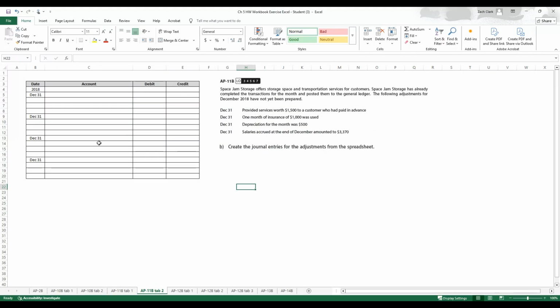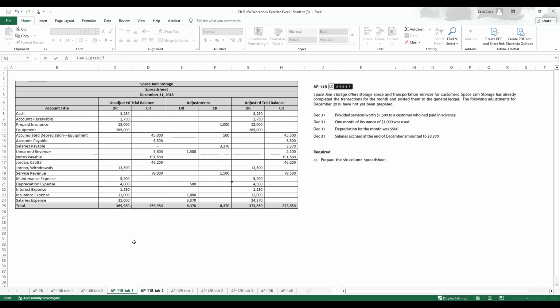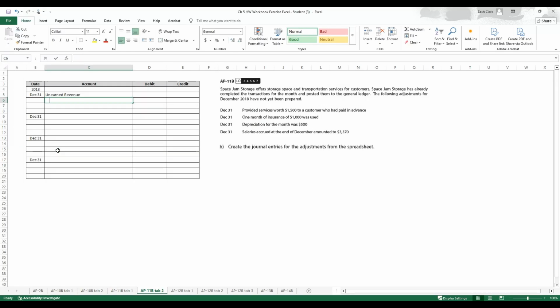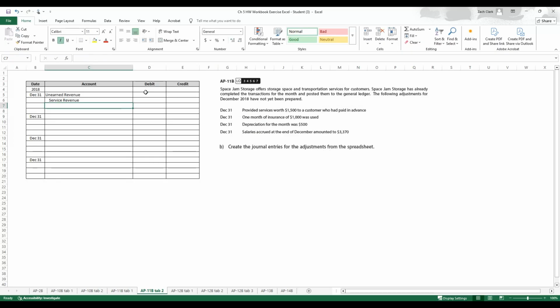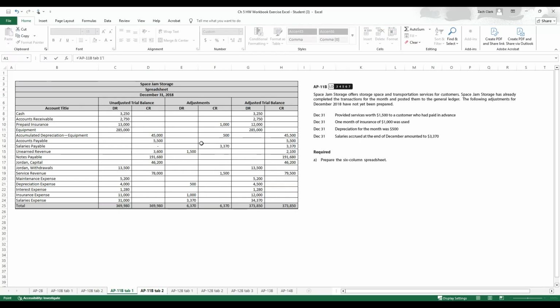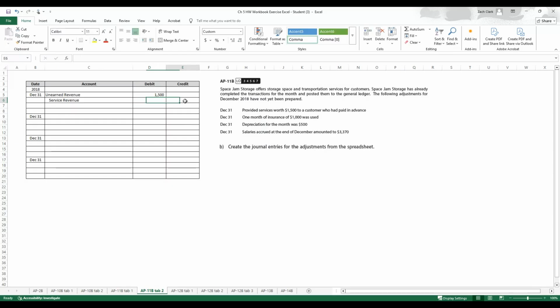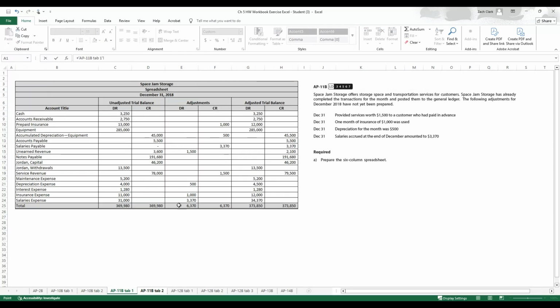We're going to go through and complete the journal entries for these same transactions. The first one was that unearned revenue that we reduced. Let's do our accounts first. I'm just linking these from the other tab. Service revenue will be the credit, and it was $1,500.